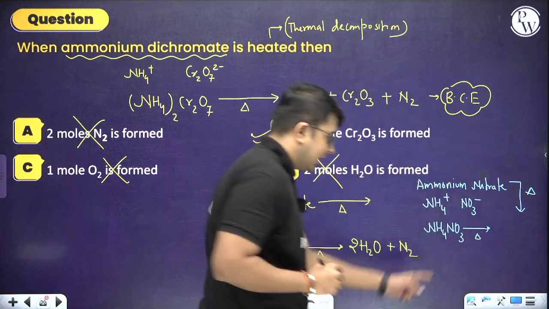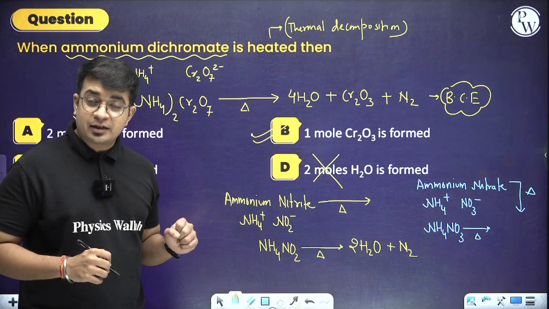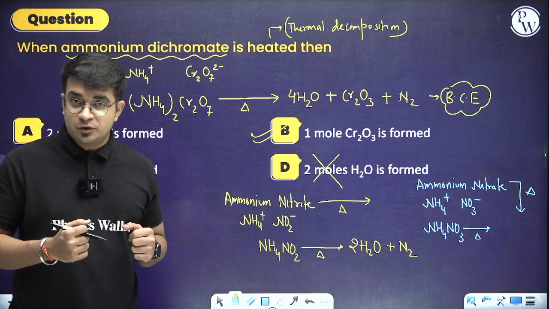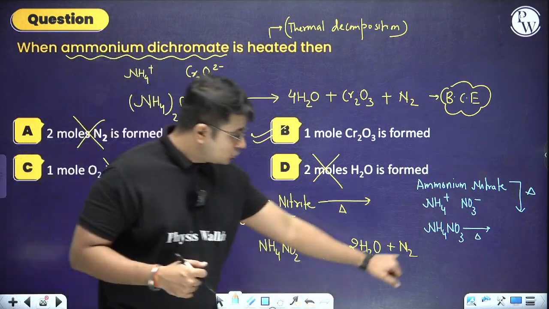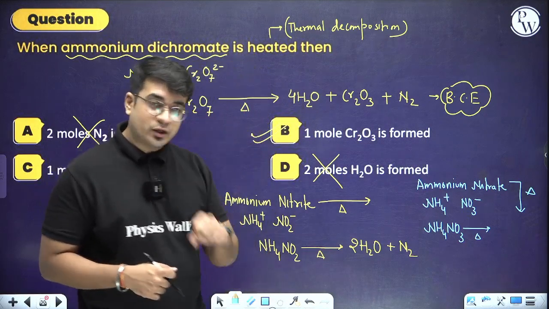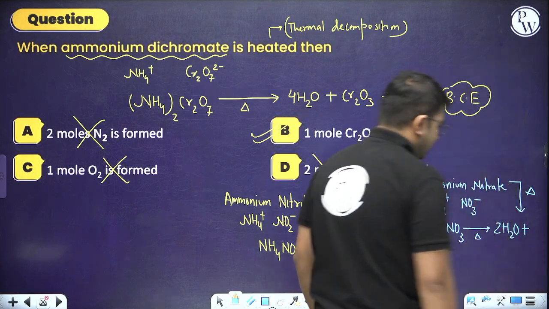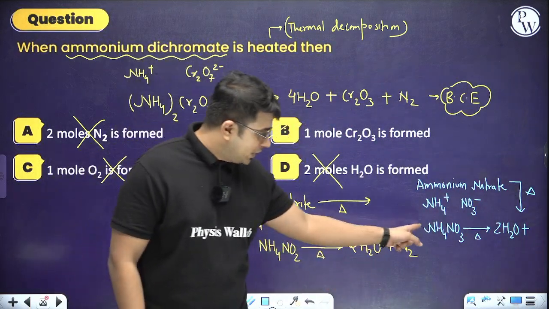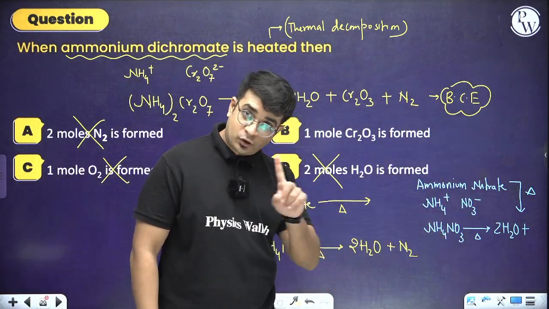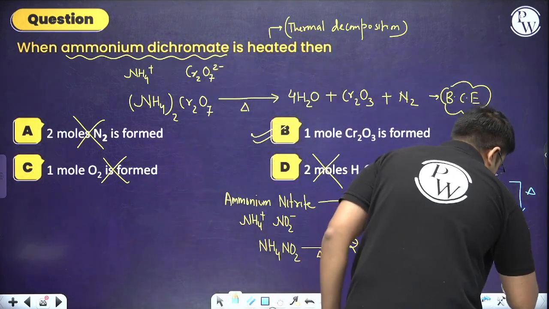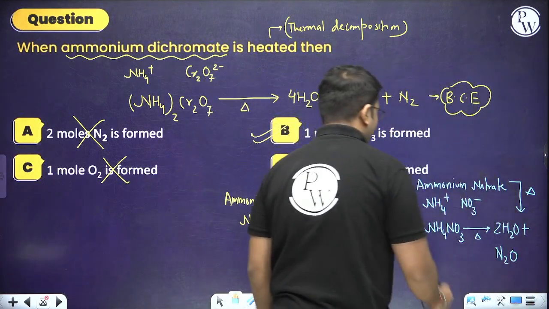Thermal decomposition, and I can see hydrogen and oxygen. Remove as many water molecules as possible, which depends upon the number of hydrogens. I have 4 hydrogens, so I can remove 2 H2O. Now you are left with 2 nitrogens and 1 oxygen, which means you have N2O.